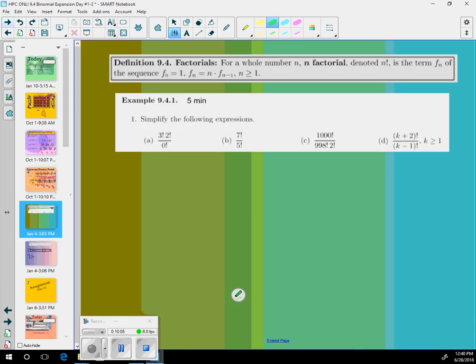We're going to use a formula that uses factorial in a little bit, and factorial is the idea that 5 factorial is 5 times 4 times 3 times 2 times 1. And if we had 3 factorial, you'd have 3 times 2 times 1.